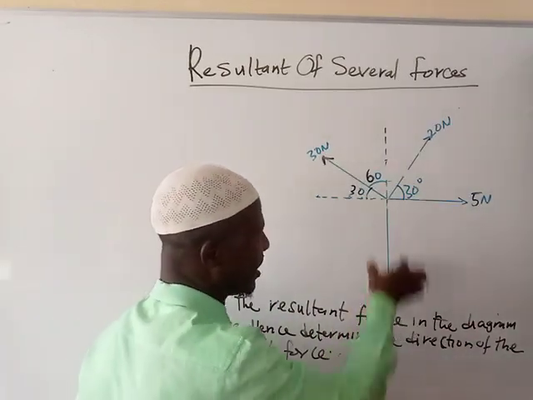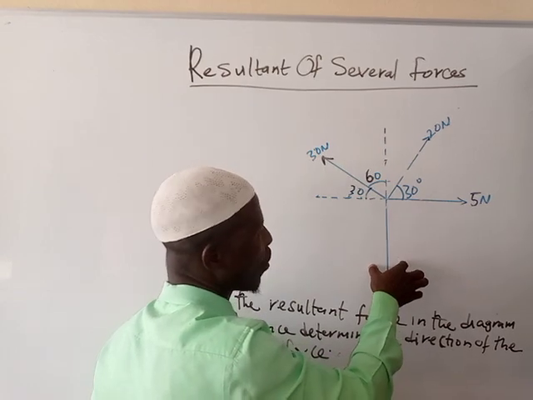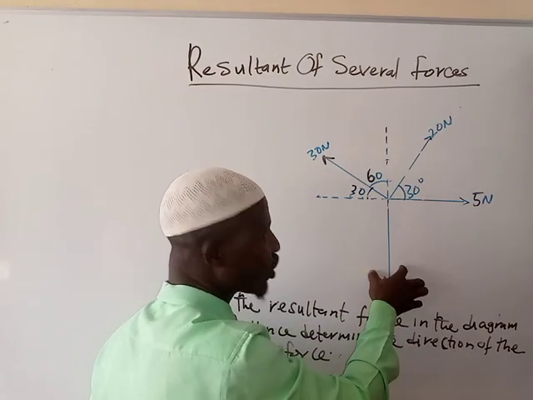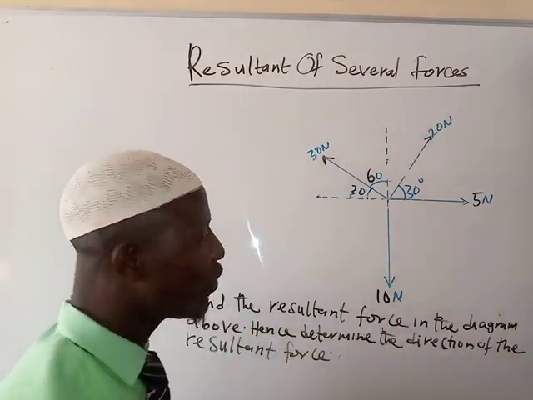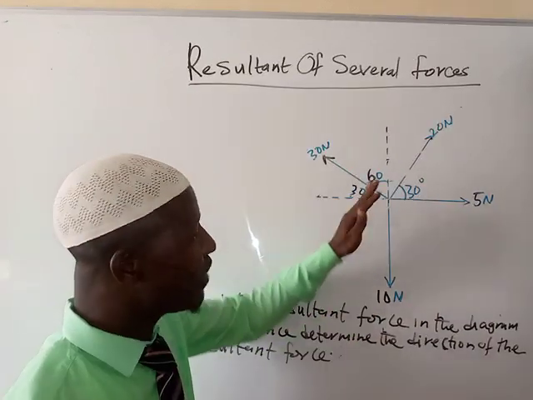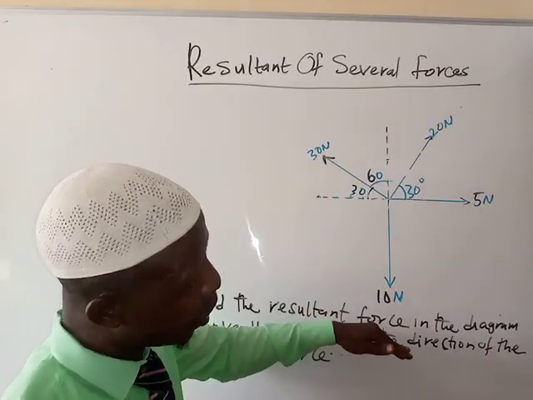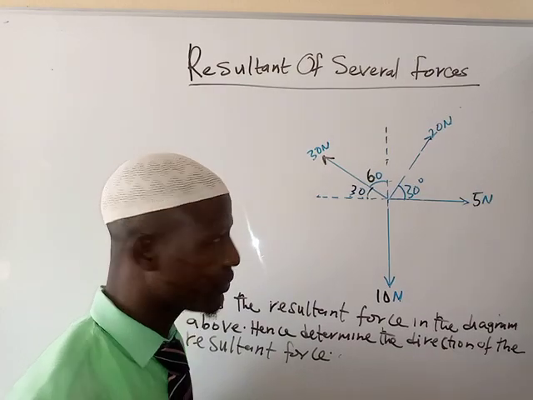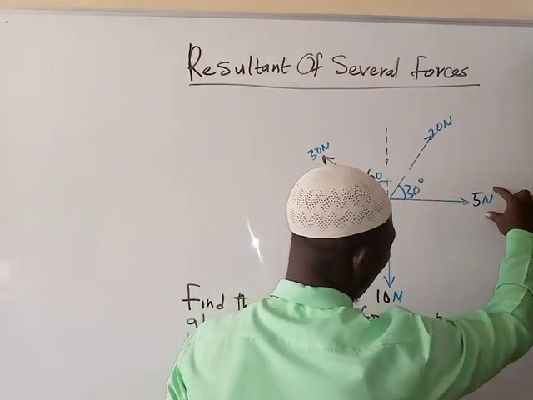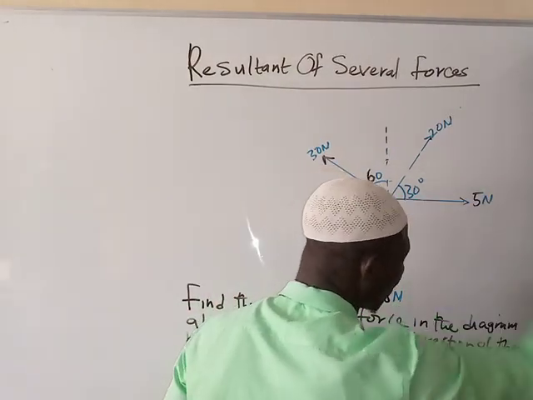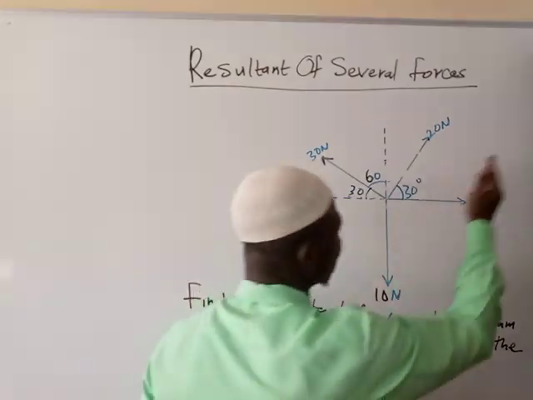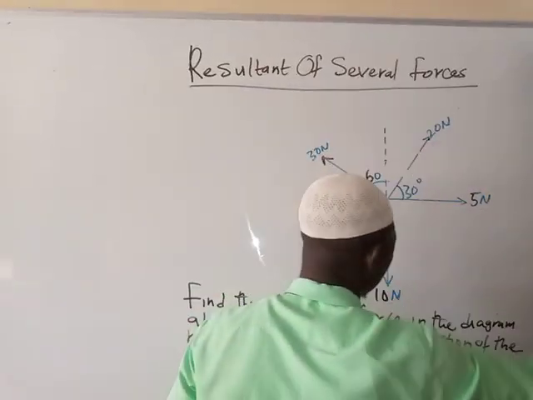Like this 10 Newton is on vertical component, vertical axis. So in that case, we don't need to resolve it. We just need to look at it very well. Is it negative part of vertical or positive part of it? Then look at this 5 Newton as well. The 5 Newton is on horizontal, and it is positive part of it, like I said, right part.